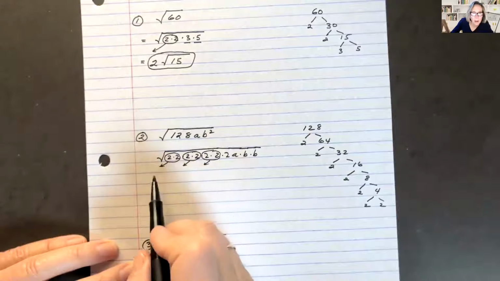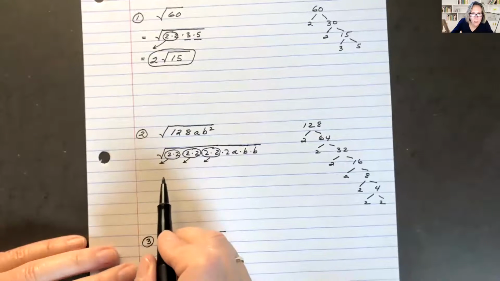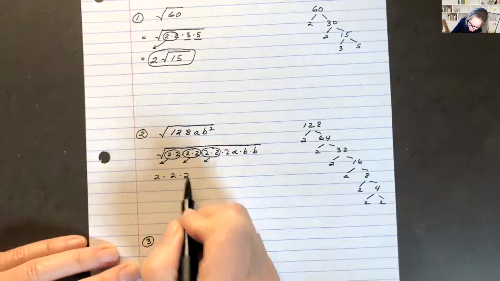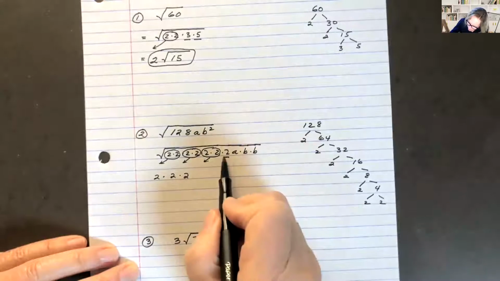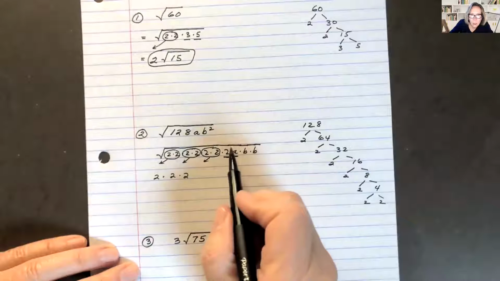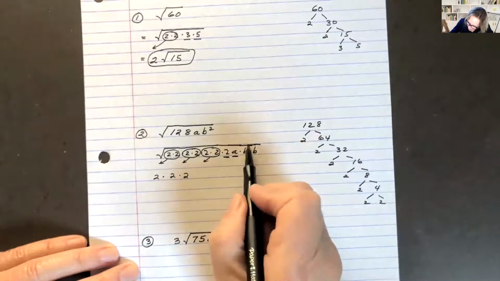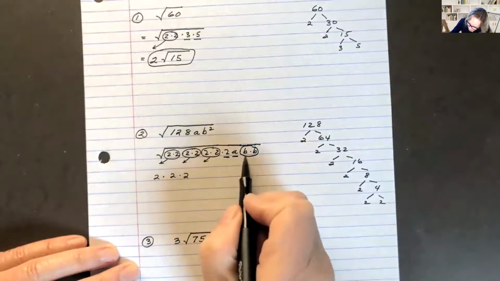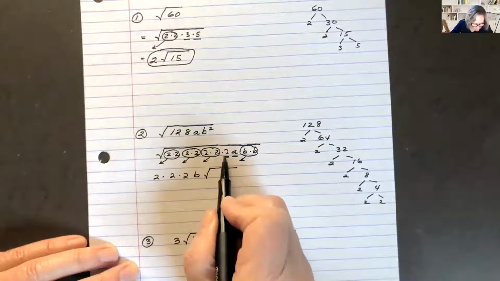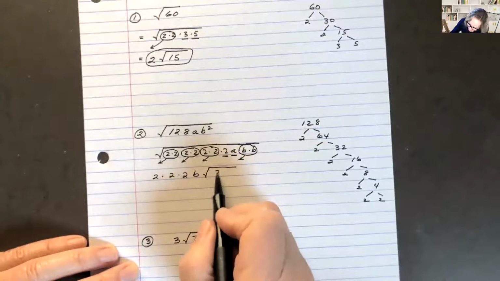So every time we have a pair, that represents a perfect square, and the square root will come out. So I have a 2 times a 2 times a 2 coming out. This 2 stays in. The A is a single power of A. Anything to the first power stays in, but there's a pair of B's, B squared, so a B will come out also. So all that we have left inside is the 2 and the A.